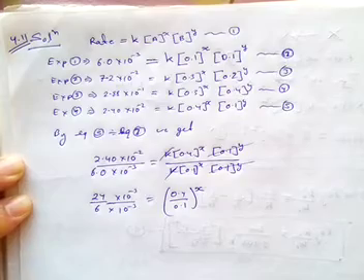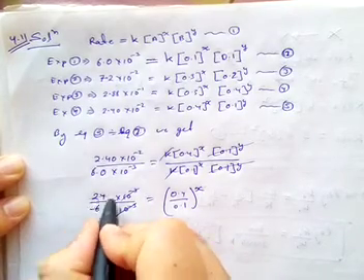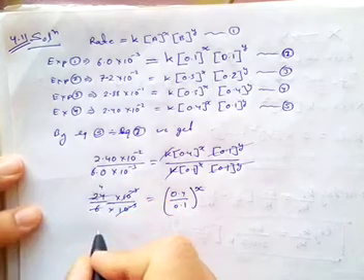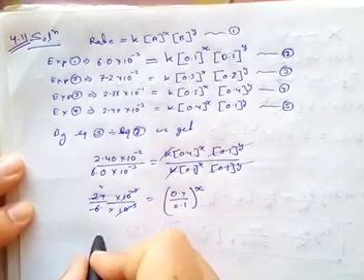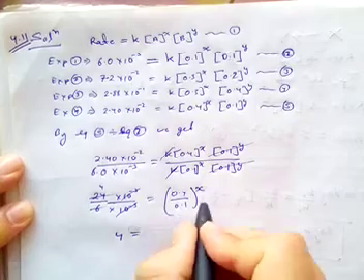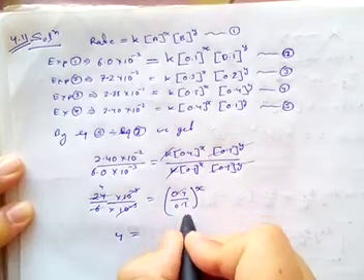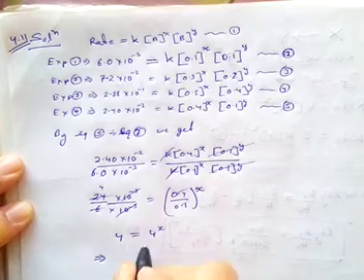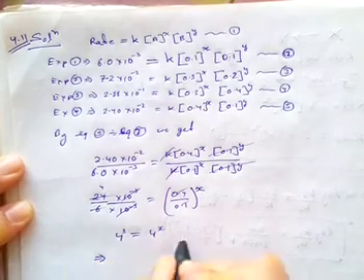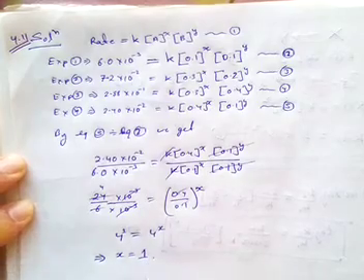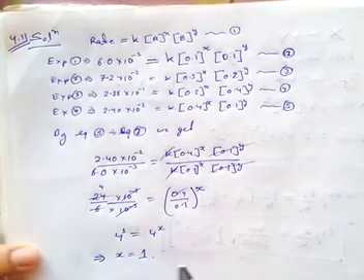Six fours are 24, so 4 is equal to 4 by 1, so 4 to the power x. By comparing, this implies x equals 1. So we got the value of x.